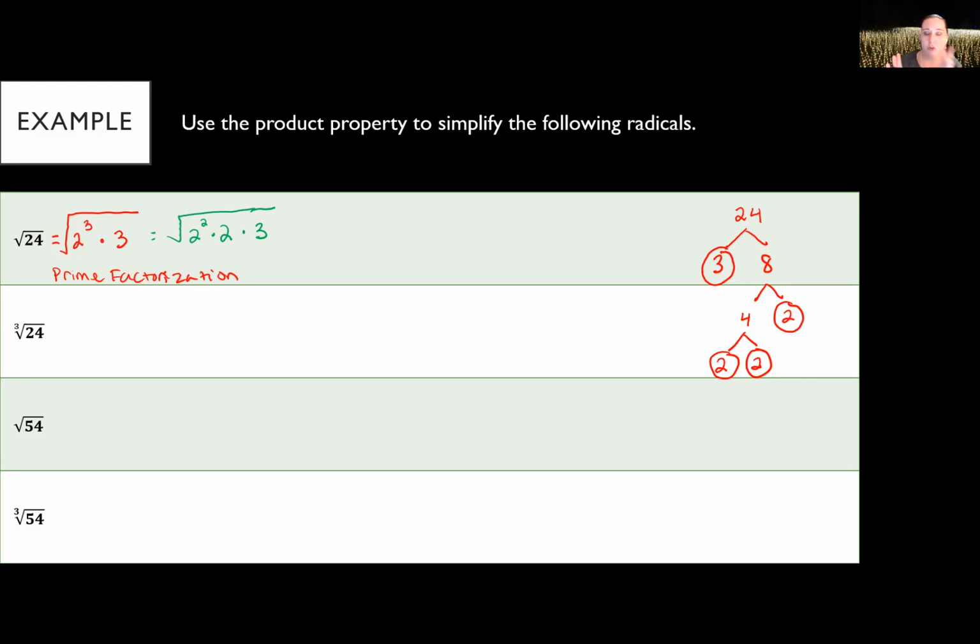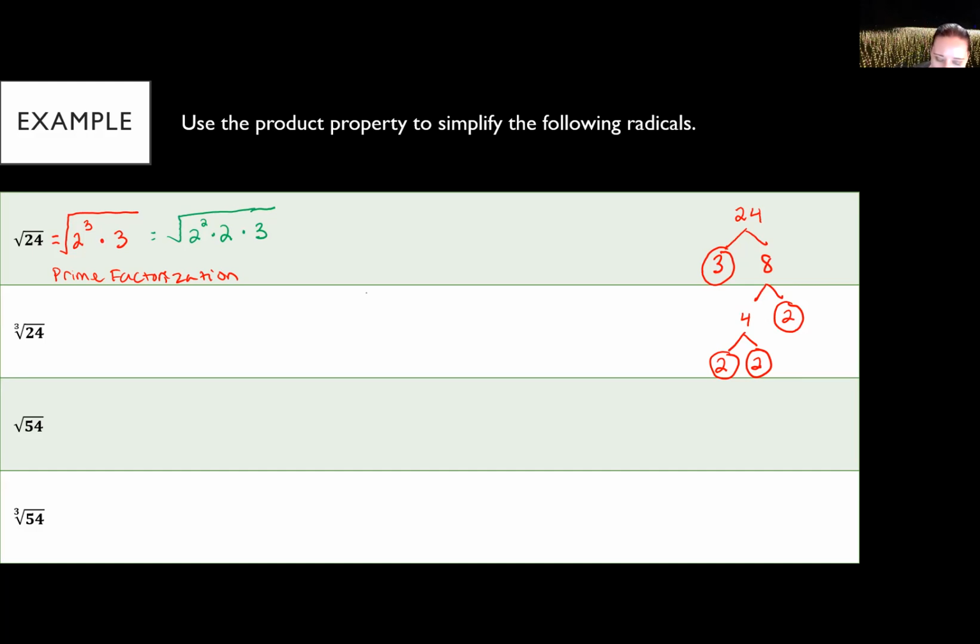Now the 2 times the 3, those I can't simplify further because those exponents are essentially 1, which is smaller than the exponent of 2 that I'm looking at for my index, the index of 2. So those cannot be simplified further. So we're going to split this up with the 2 squared part on itself and then the 2 times 3 by itself.